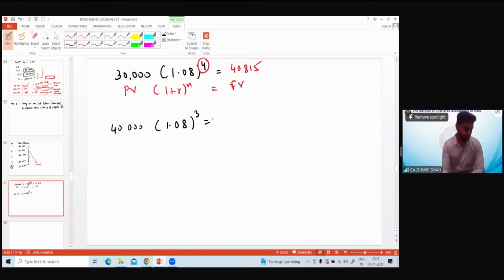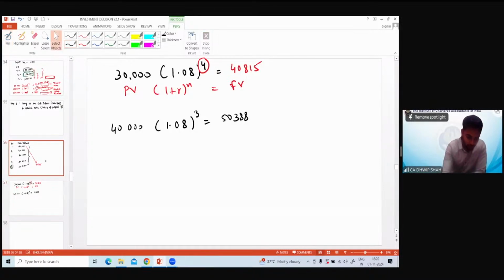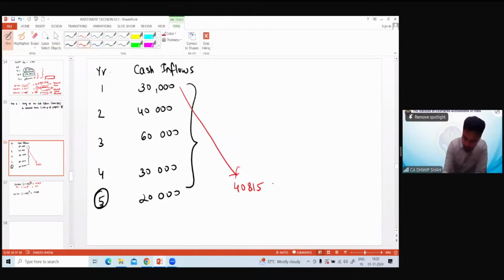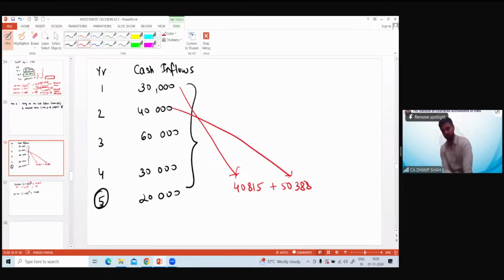So my future value comes to 5388. Yes or no? So my 40,000 that I have generated at the end of year 2 will be equal to 5388 at the end of year 5. Are you getting this? Is everyone following? Any questions still?